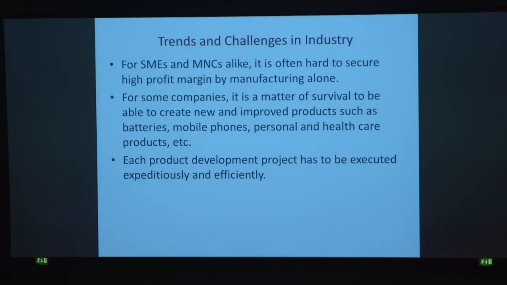So when I work with many companies in Hong Kong and beyond, this is the message that I want to share with you. With the information flow that we have today, for SMEs, small companies, and for multinational companies alike, everyone is saying that getting the high profit margin that the companies desire is not easy at all.